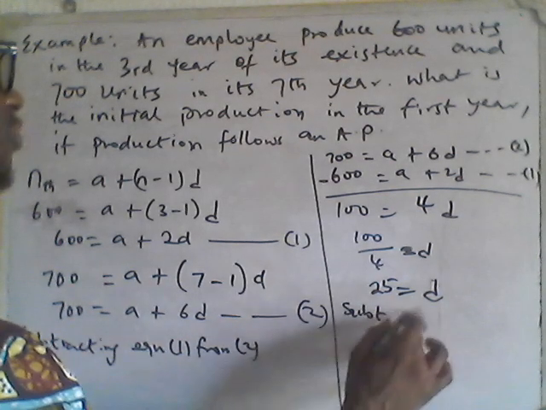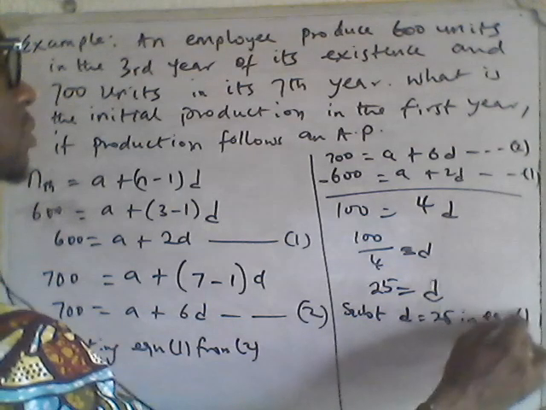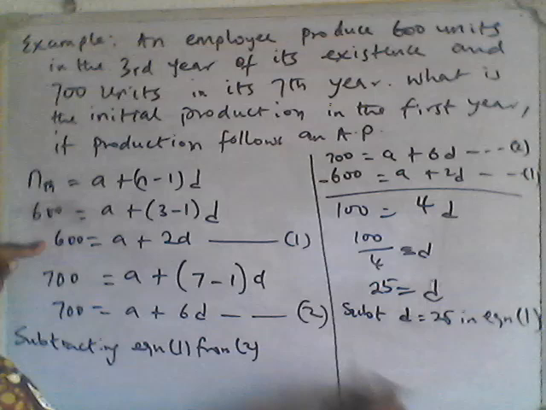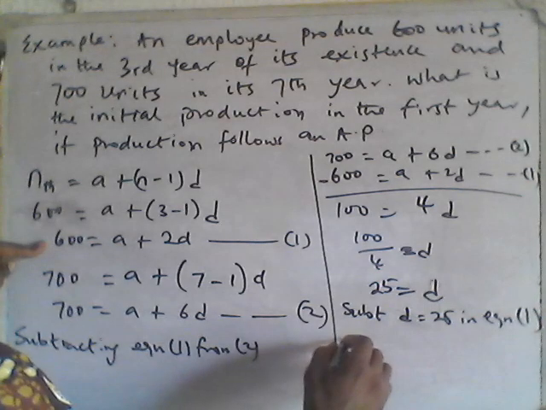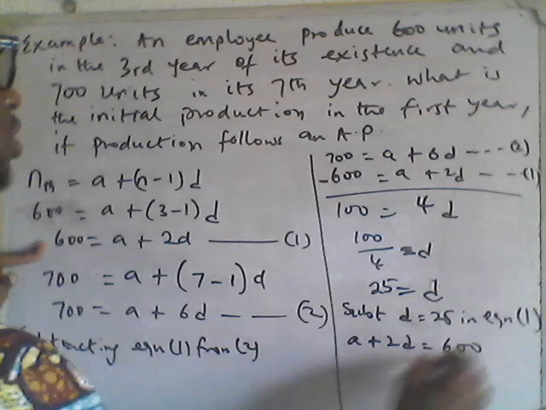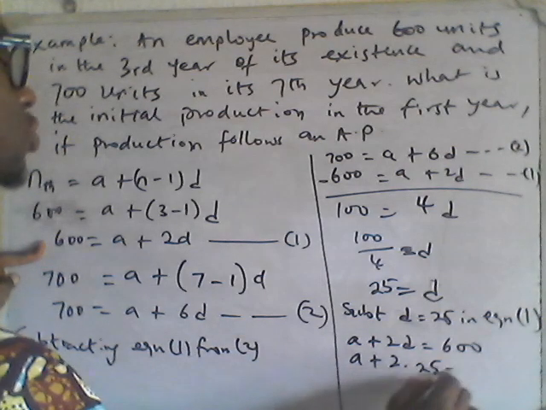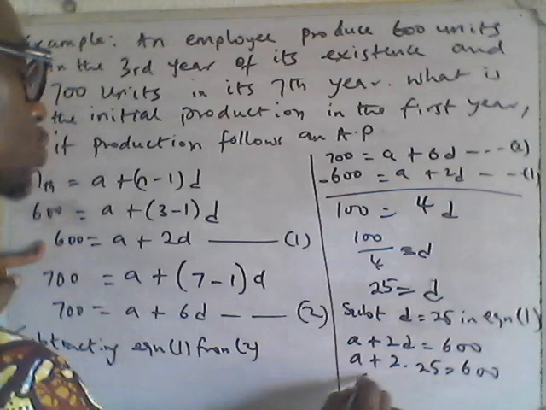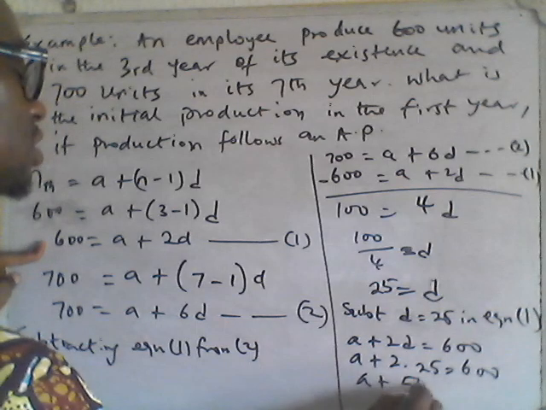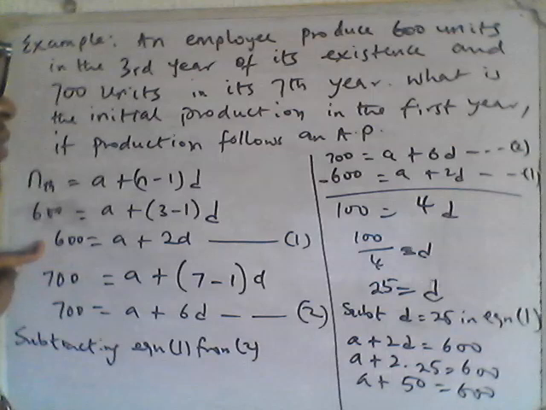D is equal to 25 in equation 1. So I have A plus 2D is equal to 600. So A plus 2 times 25 is equal to 600. So A plus 50 is equal to 600, because 2 times 25 is 50.